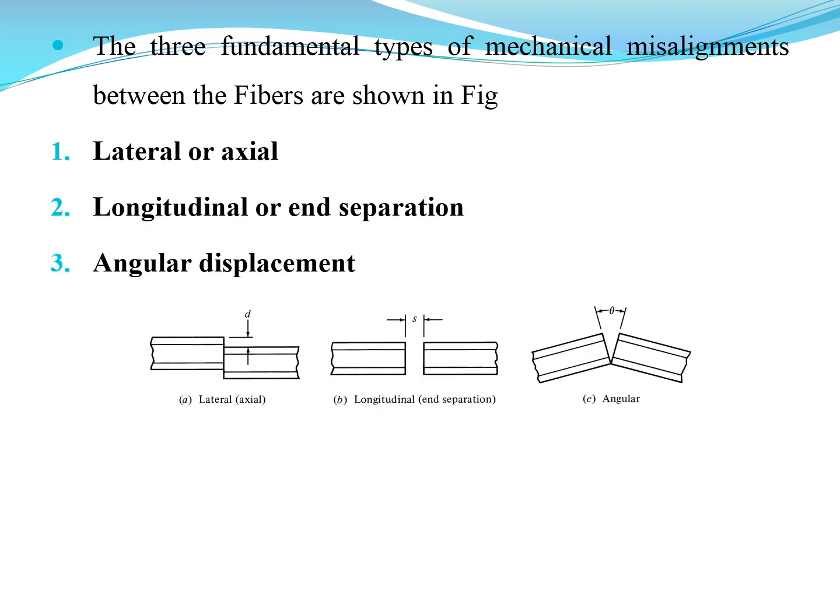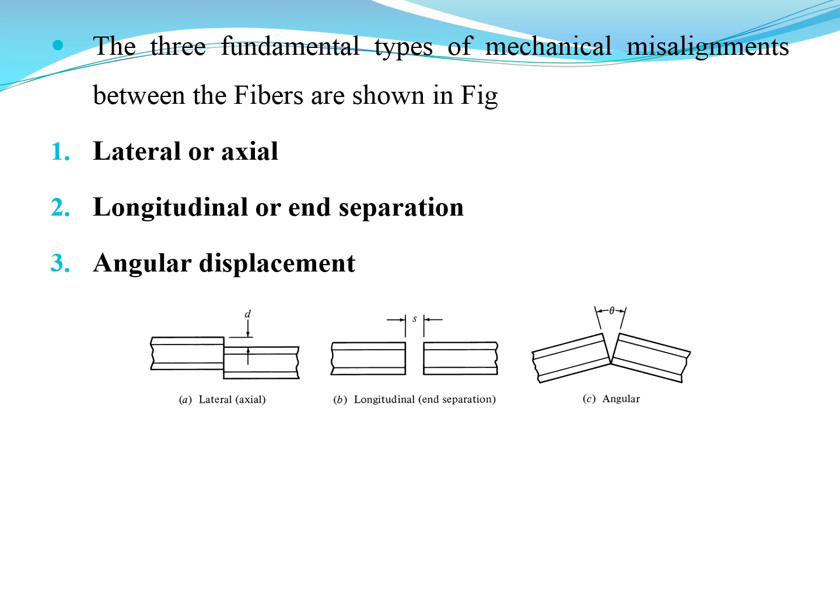So we expect these three mechanical misalignments may occur in a fiber while we join them. The three fundamental types of mechanical misalignments between the fibers are lateral or axial misalignment, longitudinal or end separation of the fibers, and angular displacement.